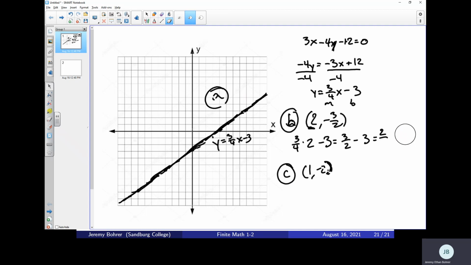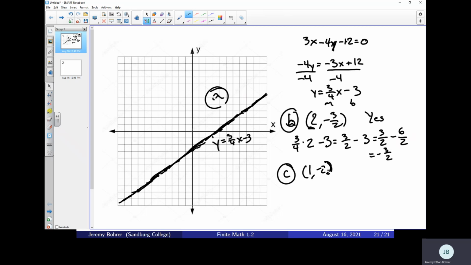I've been working on this for a while now. And if I subtract 3 from 3/2, that is equal to negative 3/2. So yes, the point 2, negative 3/2 does lie on this line.